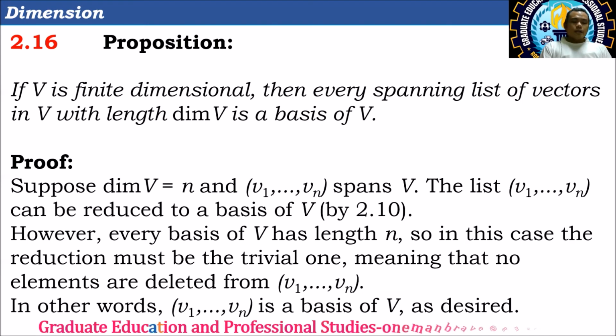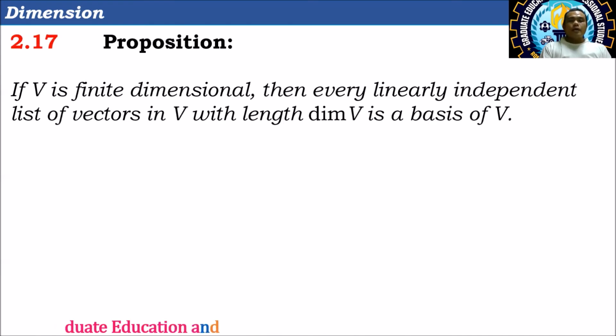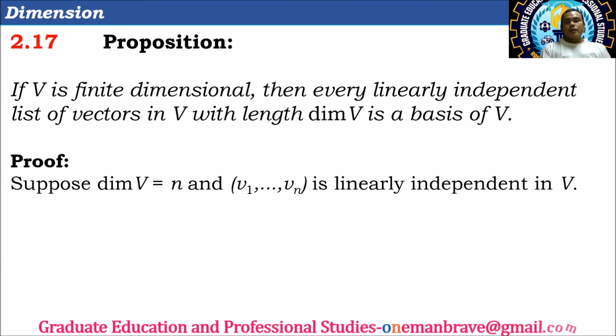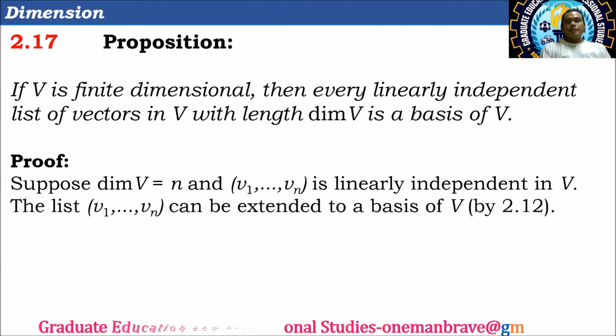An additional idea is that if V is finite dimensional, then every linearly independent list of vectors in V with length dim V is a basis of V. To prove that, suppose dim V is equal to n and the v's are linearly independent in V. The list of v's can be extended to a basis of V, as in 2.12.